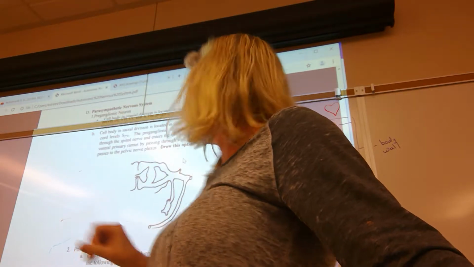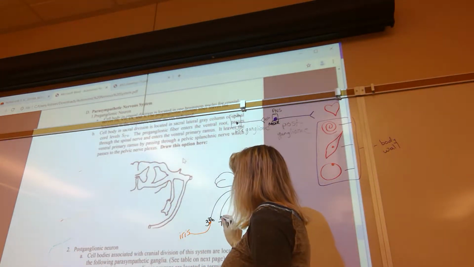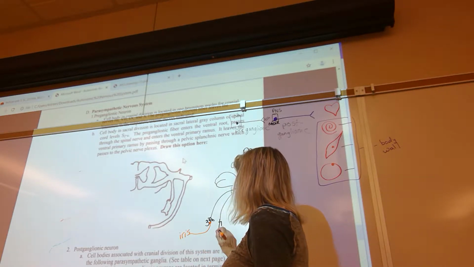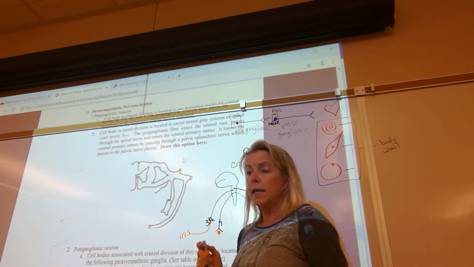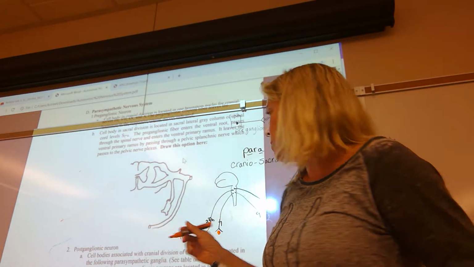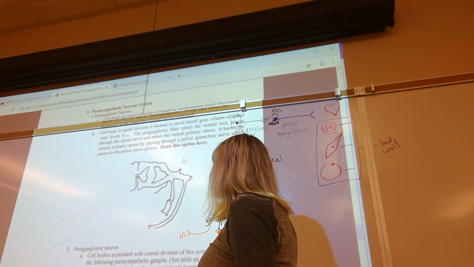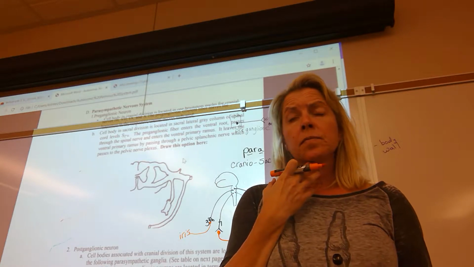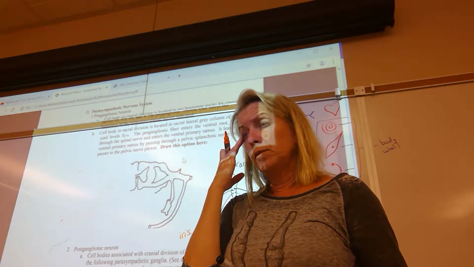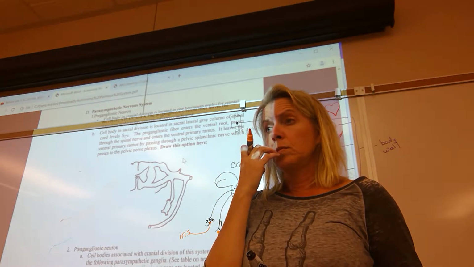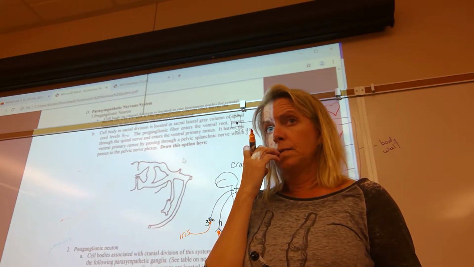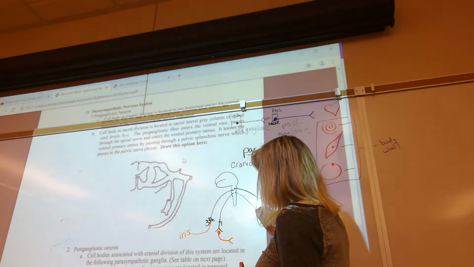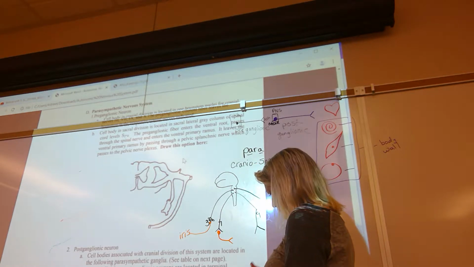Good. Cranial nerve 7 will synapse on a postganglionic neuron. And it's going to go to glands. That postganglionic neuron is going to go to glands for producing saliva. It will also go to the lacrimal gland to produce tears. Okay? Cranial nerve 9 will also synapse on postganglionic neurons.